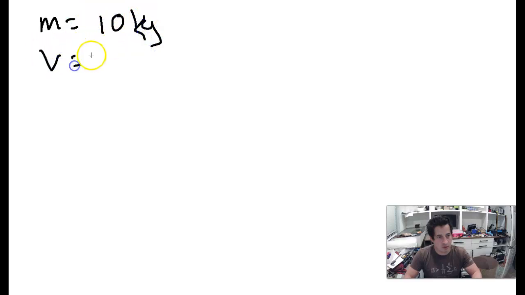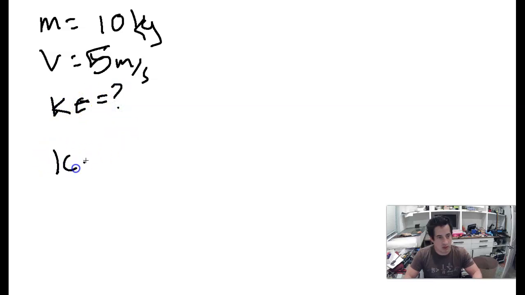Let's do another example. So let's say now we have an object with a mass of 10 kilograms and a velocity equal to 5 meters per second, and we want to know how much kinetic energy it has. And so we use our kinetic energy formula, 1/2 times m times v squared.